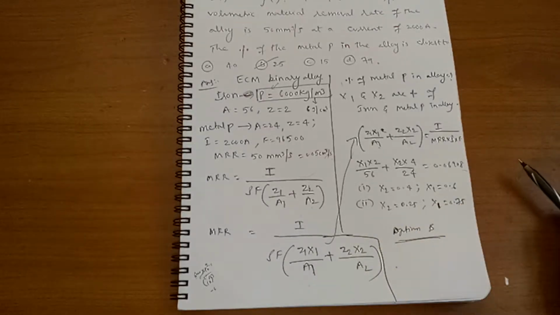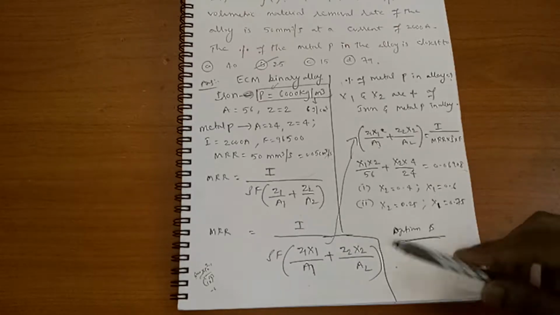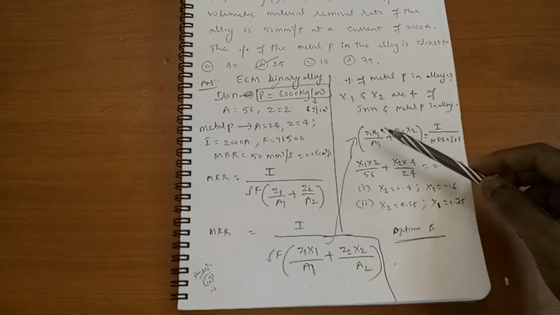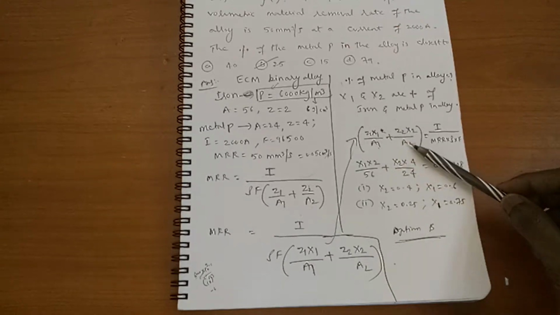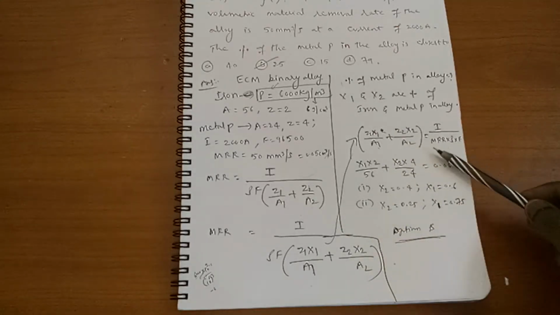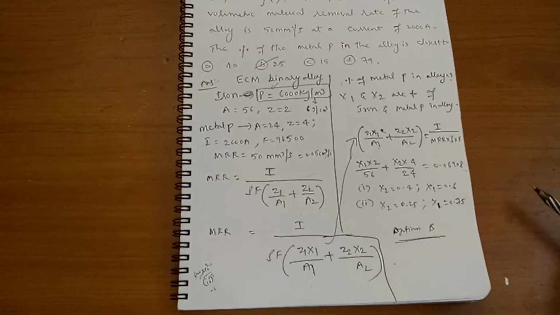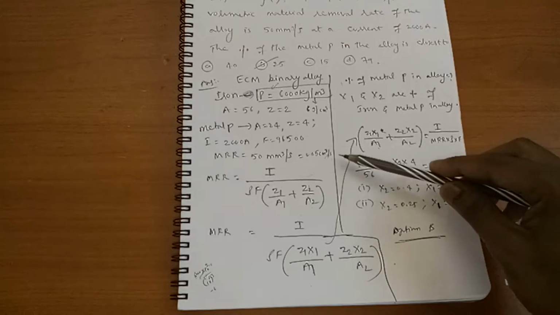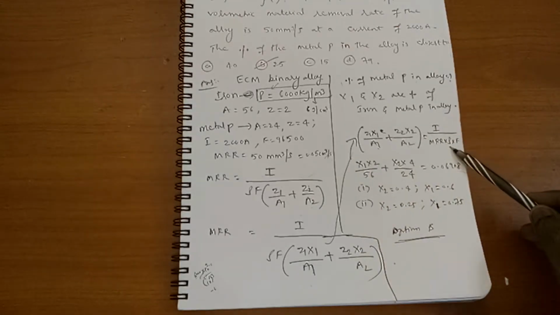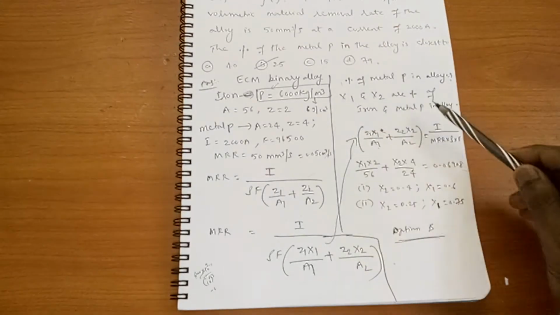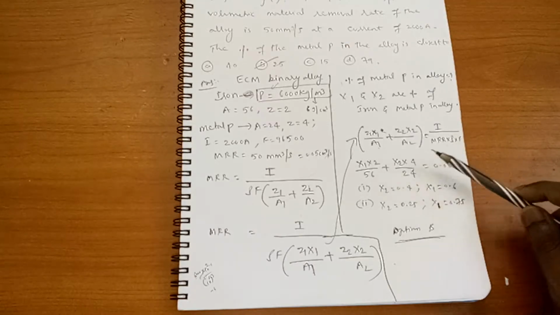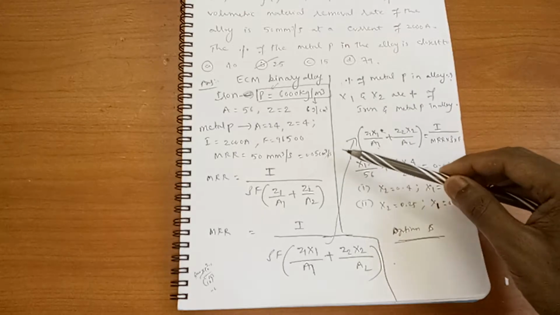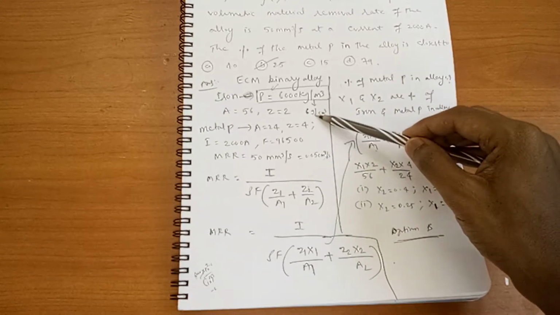Okay, just convert this formula like this: Z1 x1 by A1 plus Z2 x2 by A2 equal to I by metal removal rate into rho into F. Here metal removal rate should be in centimeter cube per second. Density of alloy should be in gram per centimeter cube. That's why I converted these values to centimeter cube per second and gram per centimeter cube.